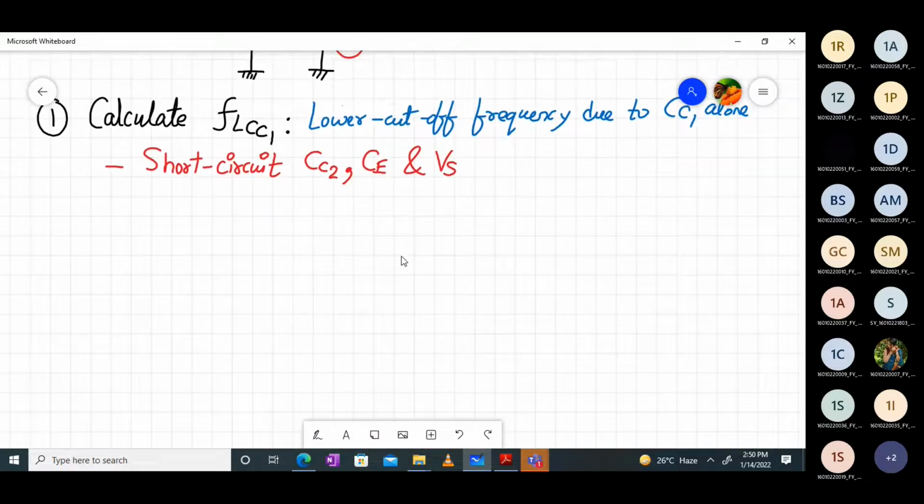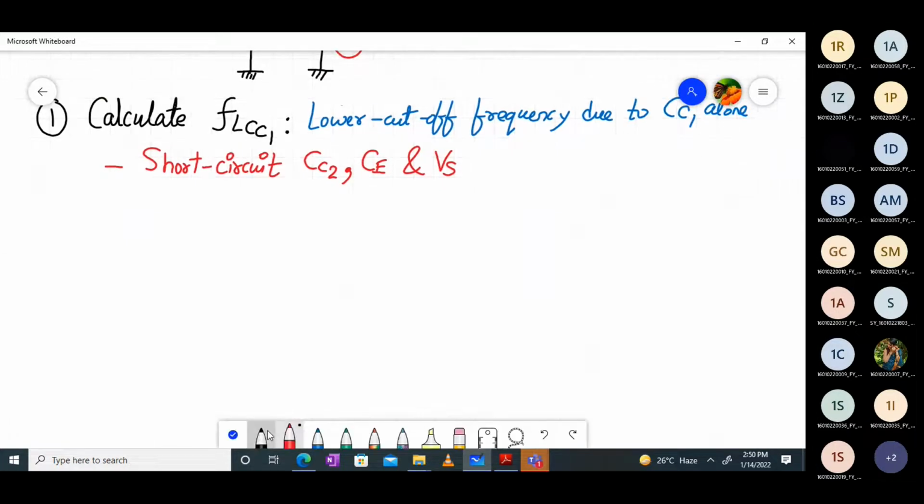Are you all with me? You all are writing it down along? Okay, now let's practice by drawing the low frequency equivalent circuit.